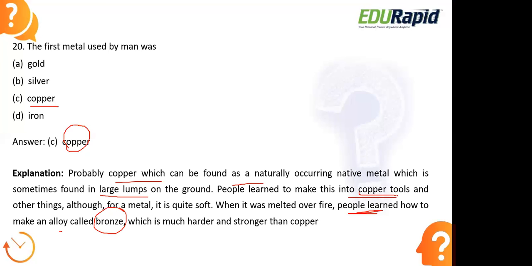Not that soft, but comparatively softer. It cannot be used as a cutting tool. That is the reason human beings later learned to mix bronze with copper.